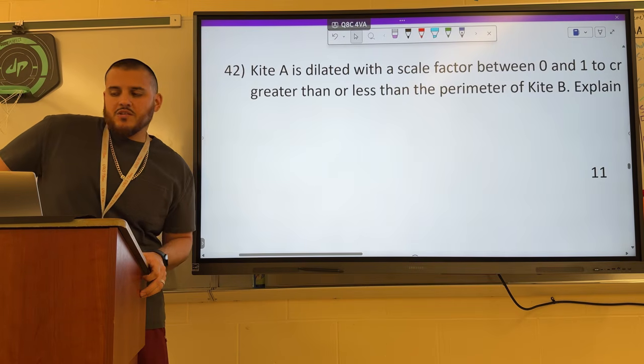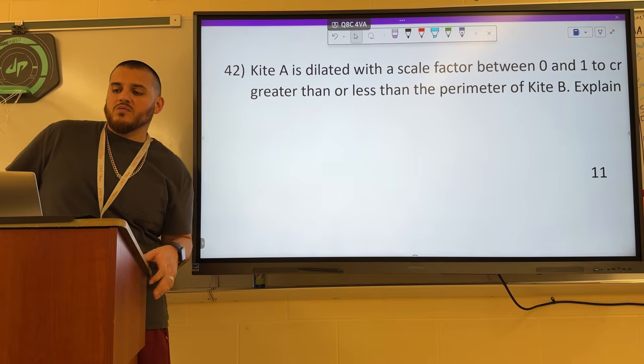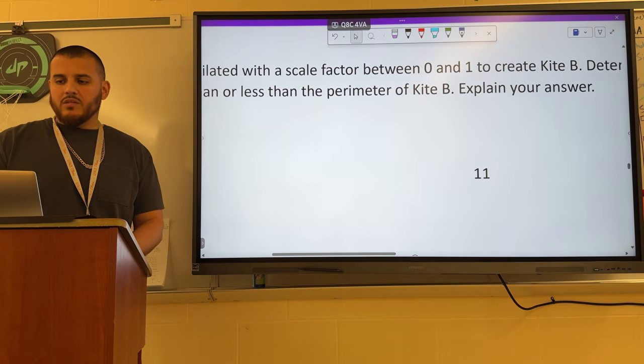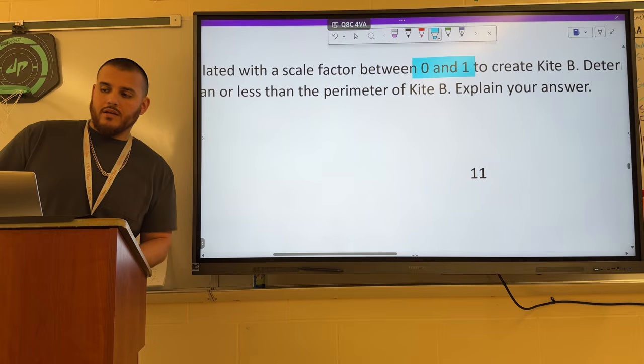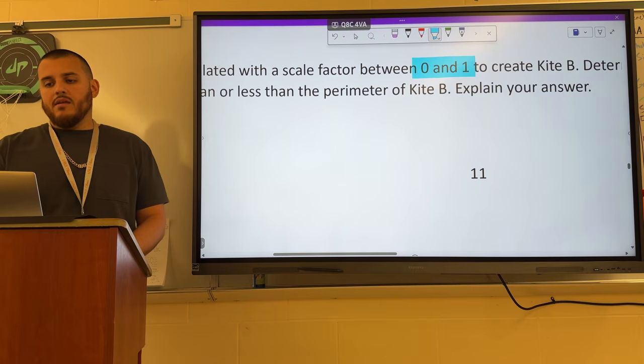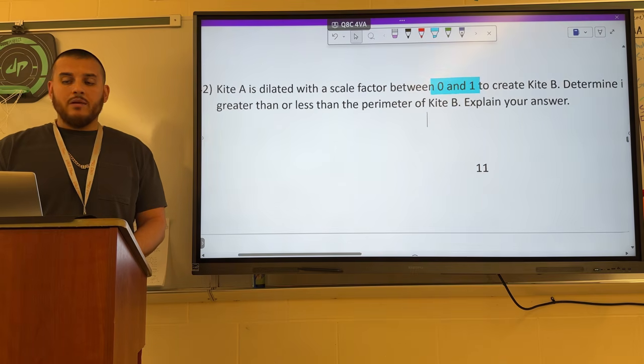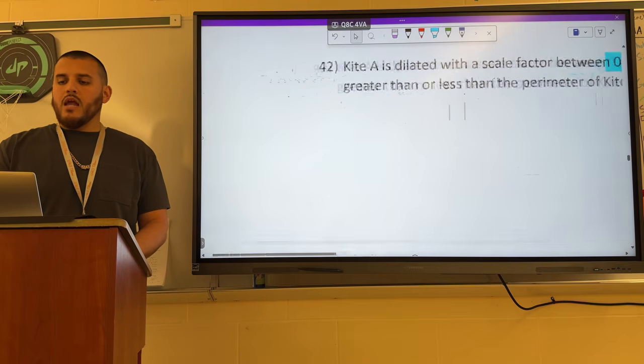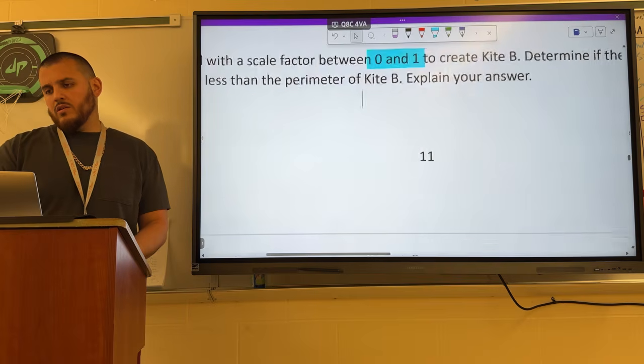Example 42 here is really testing our knowledge of scale factors. It says we have a kite that is dilated with a scale factor between 0 and 1 to create another kite. And it's asking us, on our image, the new kite, to determine if the perimeter is going to be greater than or less than, or what's our order here?